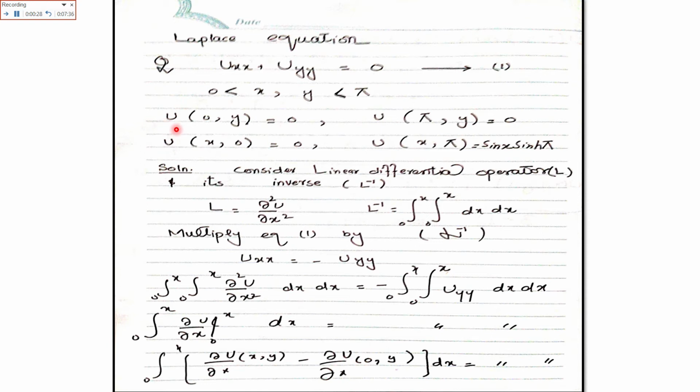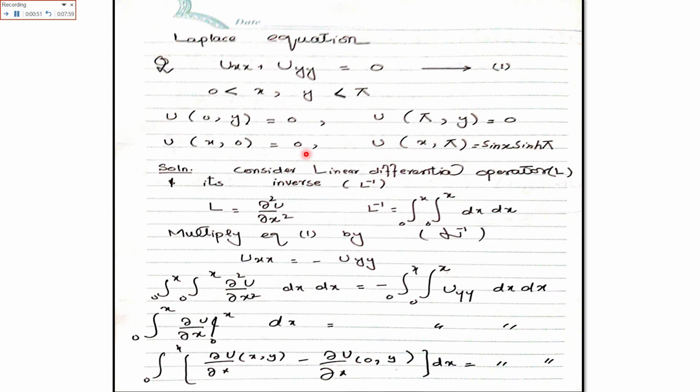These are the boundary conditions: u(0,y) = 0, u(π,y) = 0, u(x,0) = 0, and this is the initial condition: u(x,π) = sin x sinh π. This is also the function f(x).